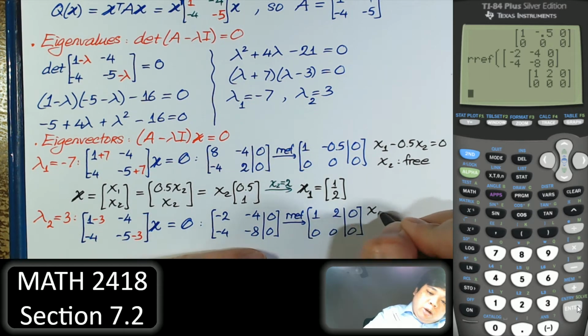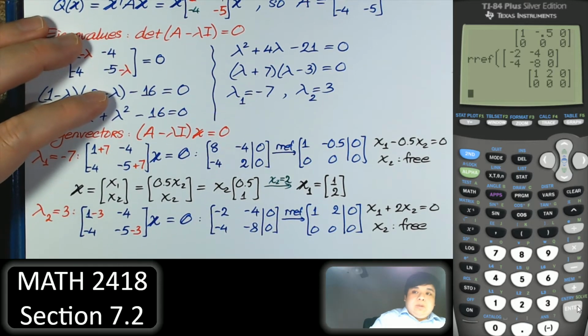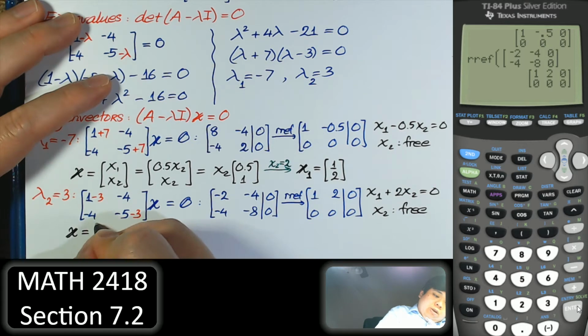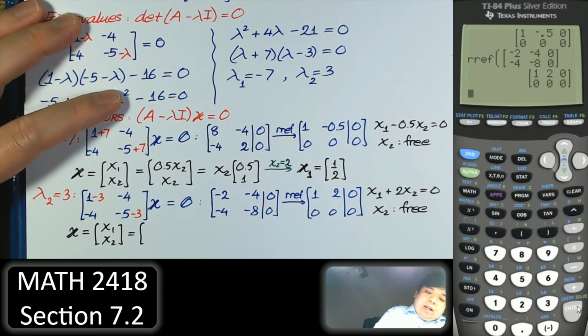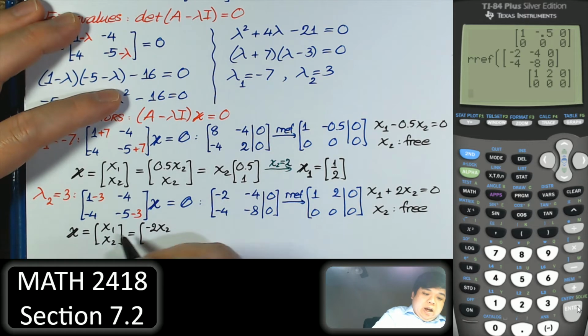So x1 plus 2 x2 equal to 0, and x2 is free. So we have x equal to x1, x2, where x1 is negative 2 x2, and x2 is free.